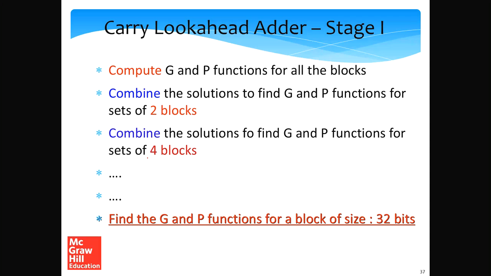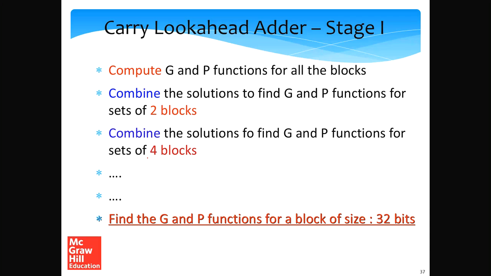So the carry lookahead adder is similar to the carry select adder in the sense that there are two stages. In stage 1, we compute the generate and propagate functions for all the blocks. How do we do it?